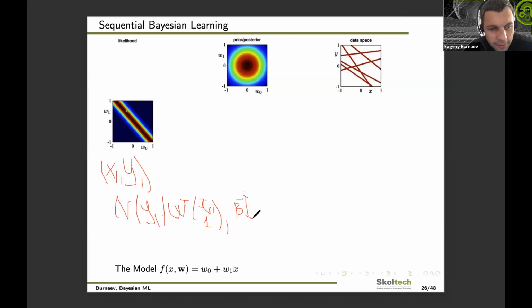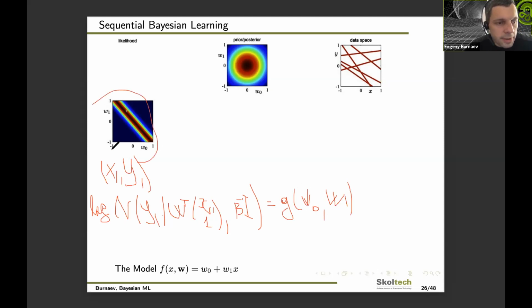When I consider the logarithm of this Gaussian density, this is some function of two parameters, W0 and W1, right? And here I depict how this function depends on parameters W0 and W1.